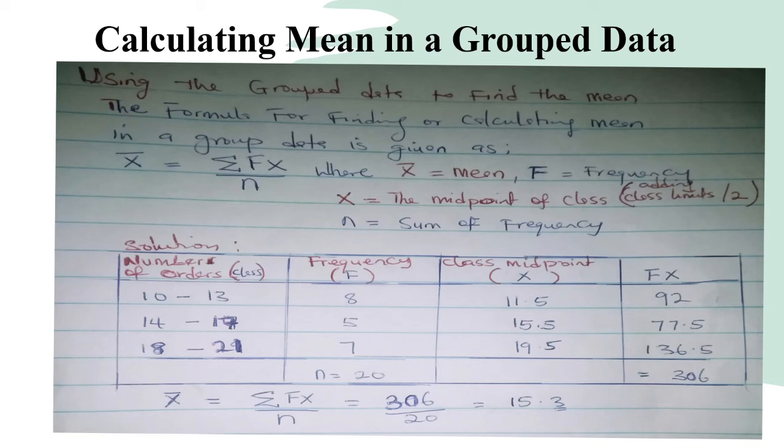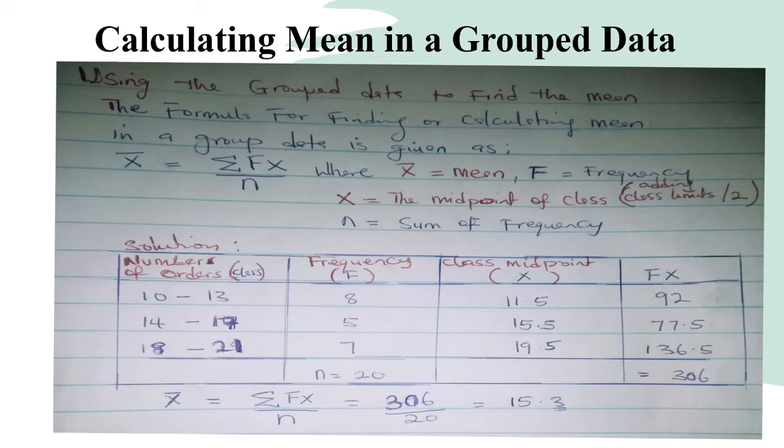Note that when the intervals are closer, for example if I had 10 to 11, my answer will be more accurate than when the intervals are far apart.